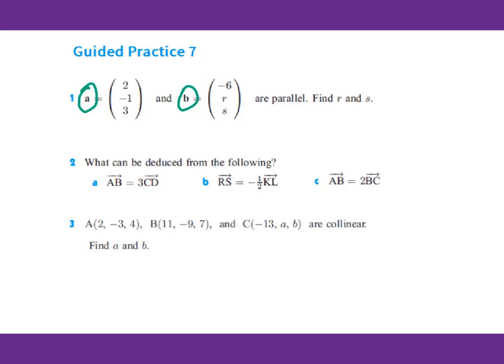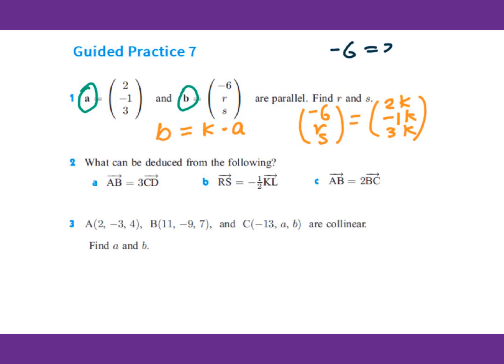Which means I can write down B equals K times A. So we have negative 6, R, S equals 2K, negative 1K, 3K. So we get negative 6 equals 2K.